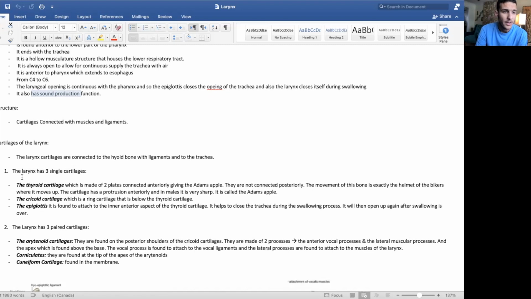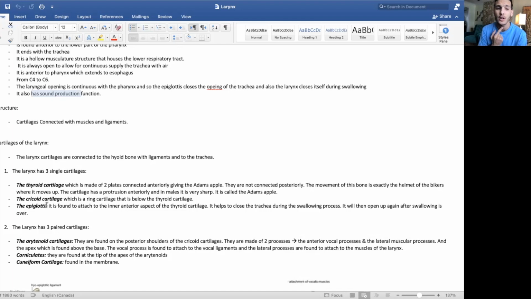Okay, so the larynx has three single cartilages: the thyroid cartilage, the cricoid cartilage, and the epiglottis. The thyroid cartilage is basically, if you touch right here, you see that there is like a V-shaped cartilage. And just below it, you'd find a large circular structure.